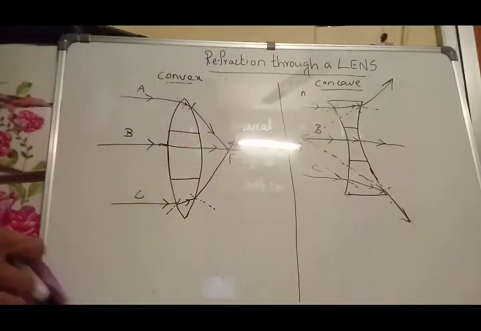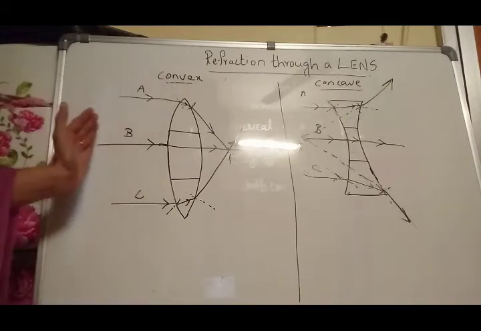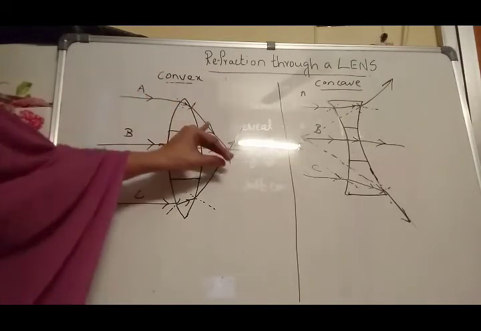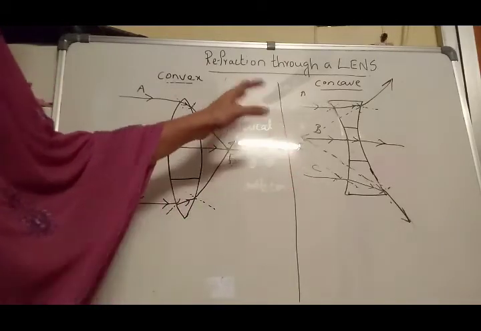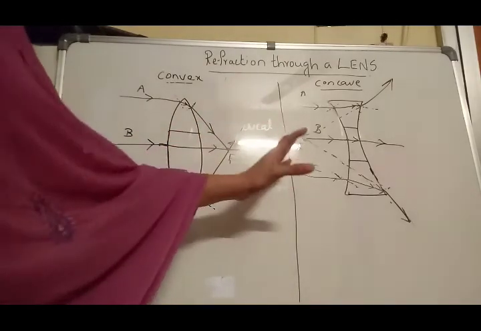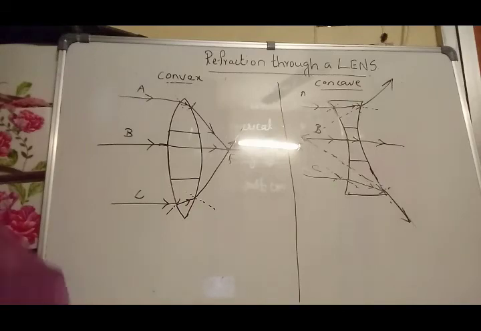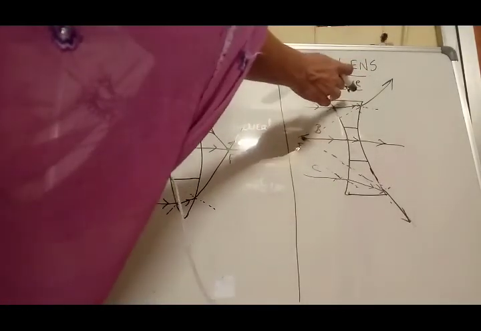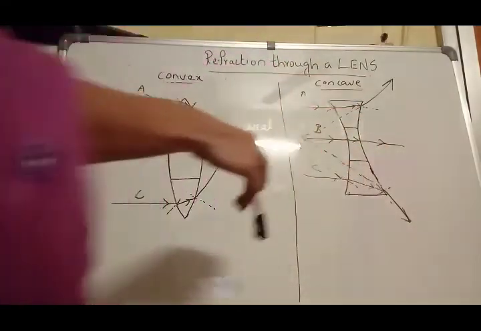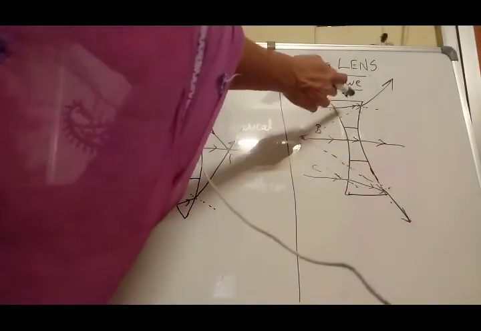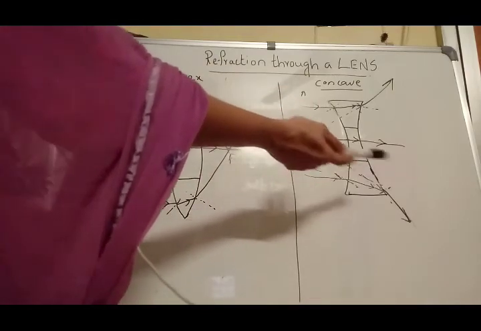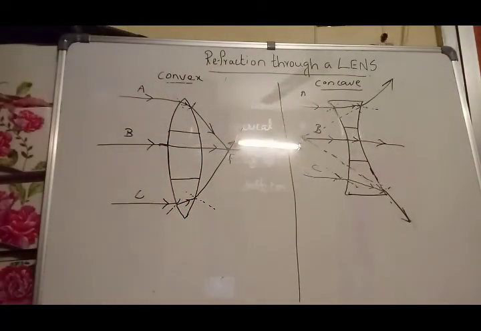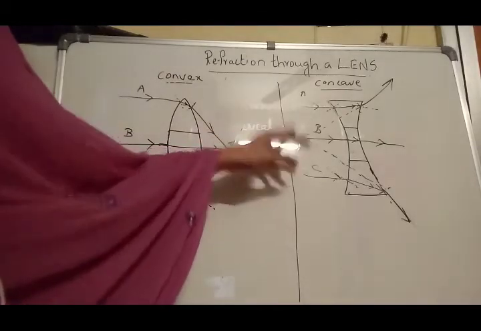In a convex lens, the rays after refraction will converge to a particular point, and in the concave case, the ray which is refracted through a concave lens will be diverged. It won't be converged, it will be spread. If you back trace the refracted rays, you will see that all of them meet at a particular point.